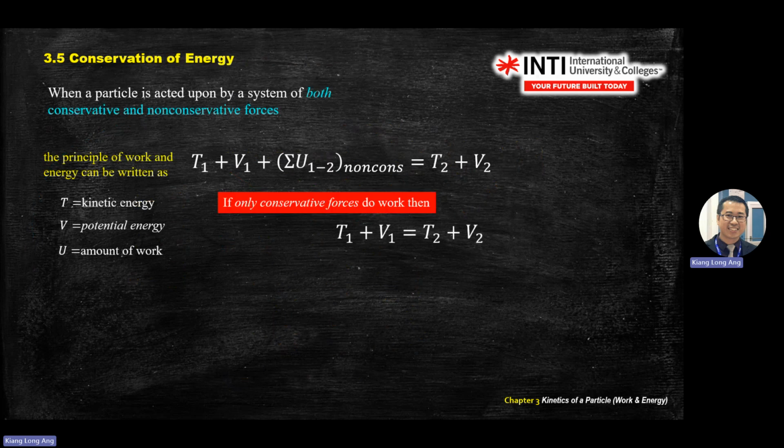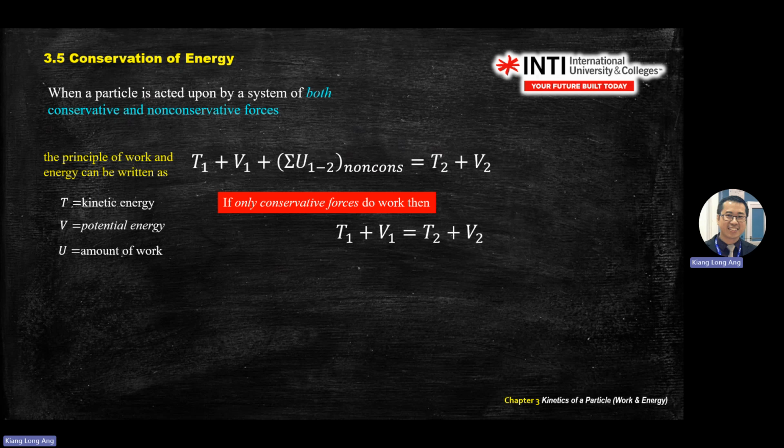So the principle of work and energy: if the question asks you to use the principle of work and energy, you can write T1 plus V1 plus conservative work plus non-conservative work equals the energy at the end station. Okay. So if only conservative work does work, meaning no friction, then you use this one.